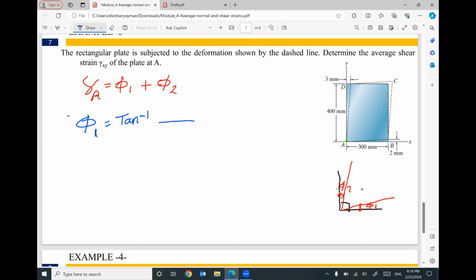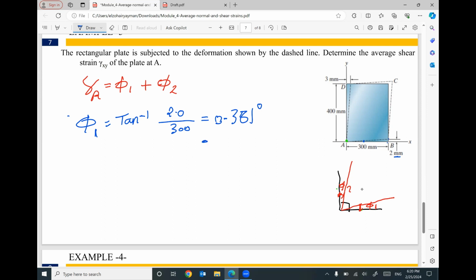So I will put this angle phi 1 inside this right angle triangle. So I can say the opposite equals 2 millimeter and the adjacent equals 300. So I have inverse tan of 2 divided by 300 equals 0.381 degree.